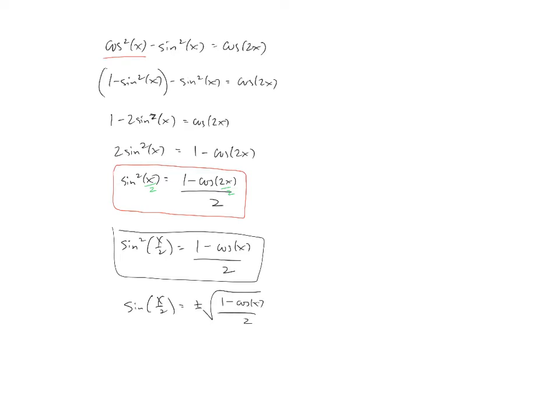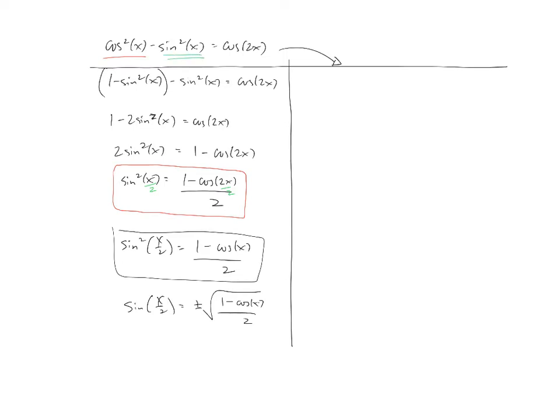Okay, now on the other side of the argument here, instead of changing the cosine squared into 1 minus sine squared, I'll take the sine squared and turn it into 1 minus cosine squared. So cosine squared x minus (1 minus cosine squared x) equals cosine of 2x.